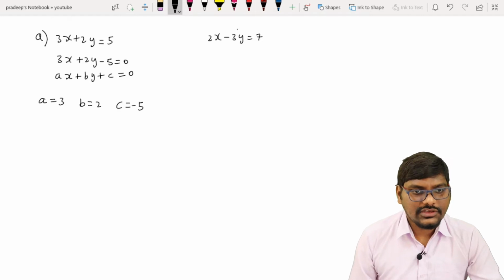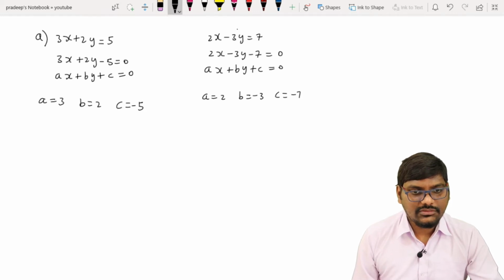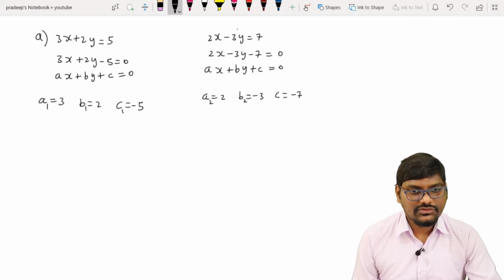Alright, so now in this equation also I'll bring 7 to the other side, so that becomes minus 7. Now I'm representing it with the general equation, so I get a is equal to 2, b is equal to minus 3 and c is equal to minus 7. Right, so this is a1, b1, c1, and this is a2, b2, c2.